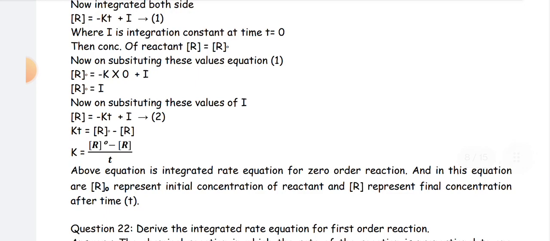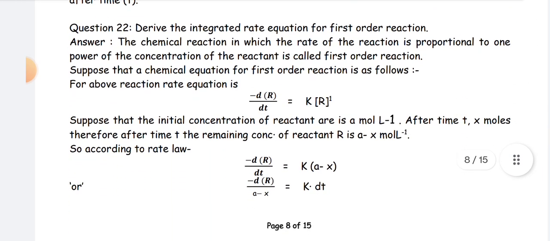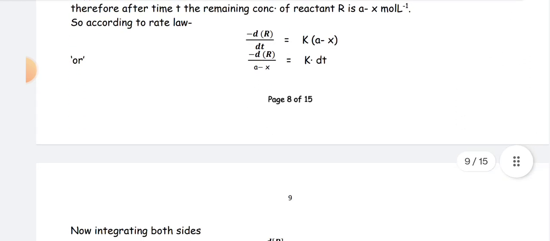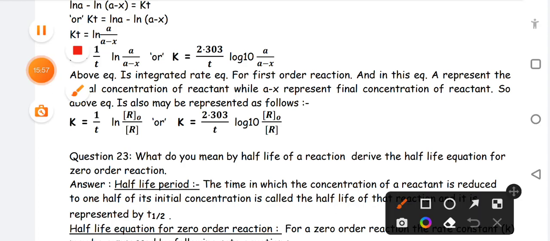For the zero order reaction, K is equal to R naught minus R upon t. Here R naught is the initial concentration of reactant and R is the final concentration of reactant after time t. And the integrated equation for first order reaction is very important, so please learn it.